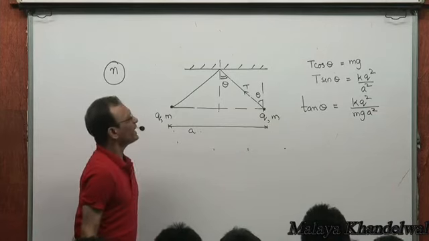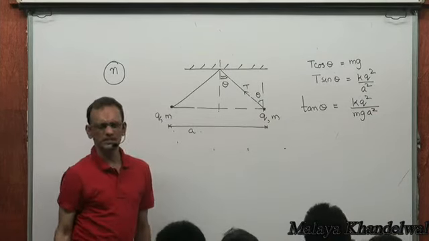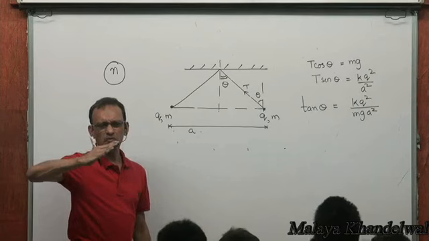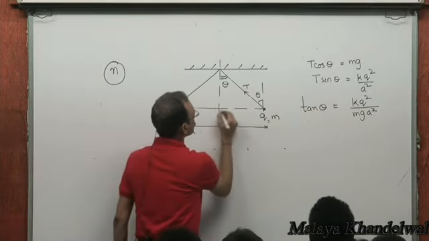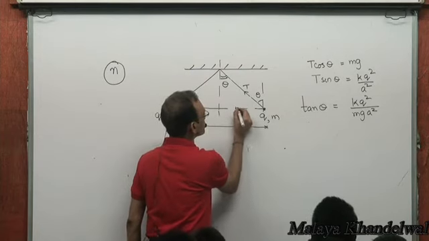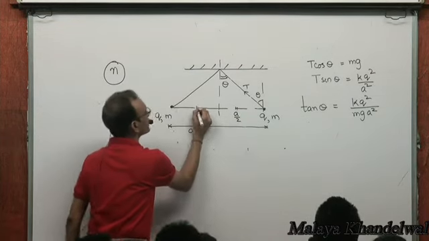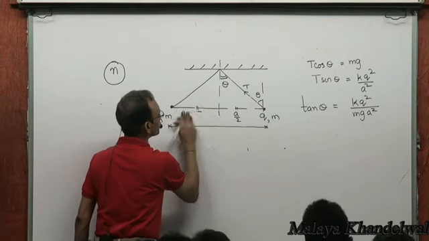Right? Now, I will assume that theta is small. Small displacement from the vertical position. Very clearly, this length is a by 2.